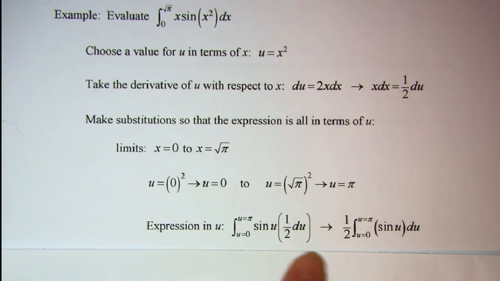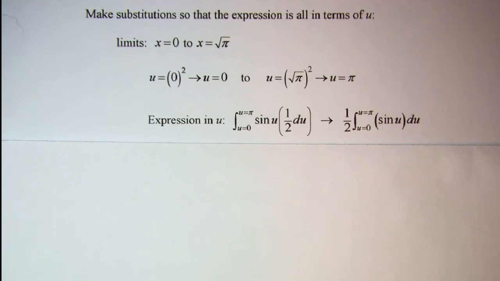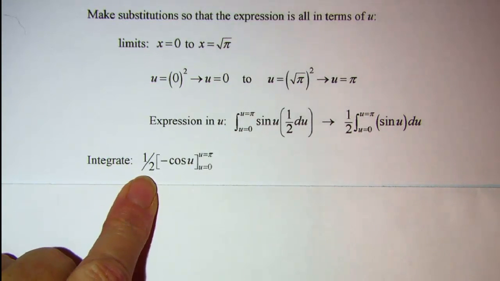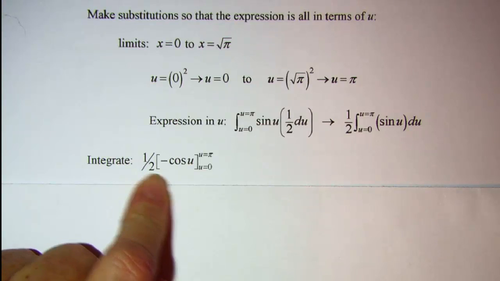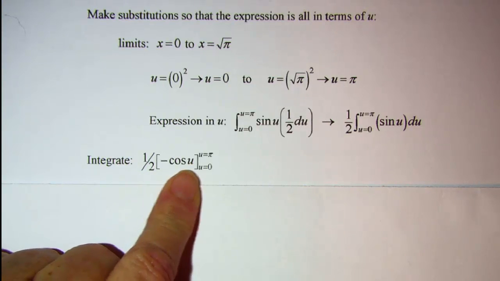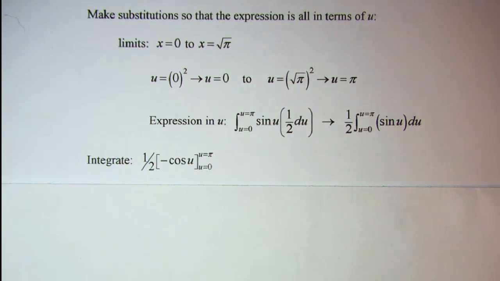Now we can pull the 1/2 out in front, and then we're ready to integrate. This is our 1/2 from in front. The integral of sine is a negative cosine, and we're evaluating from 0 to pi.